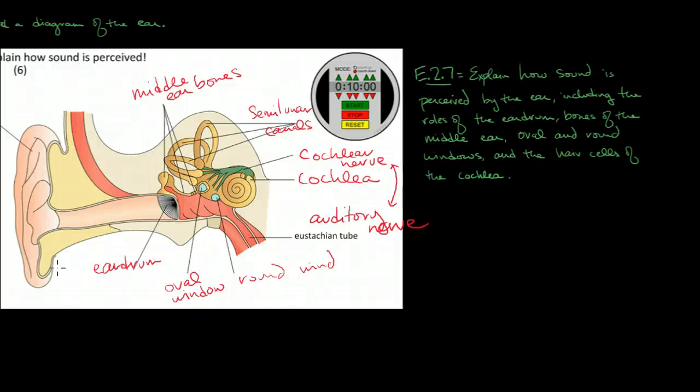Okay, so be able to explain how the ear functions with that, and as you can imagine, it'd be very problematic if the eardrum ruptured, because then it wouldn't be able to send that signal to the middle ear bones, to the cochlea, to the hairs inside the cochlea, to the auditory nerve. Okay, so that's what you got to be able to do, and that's all for E.2.